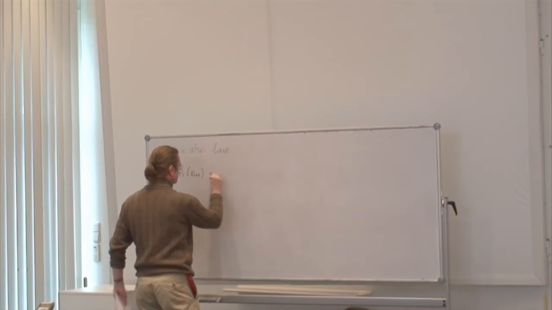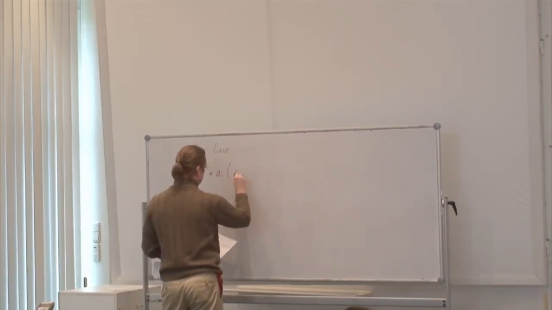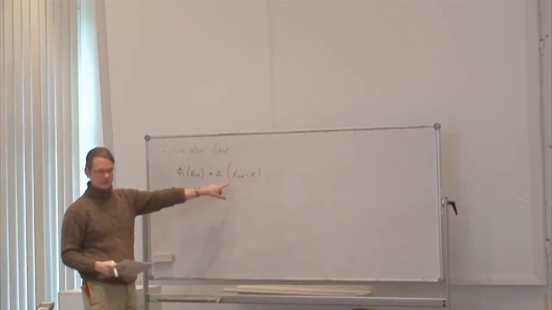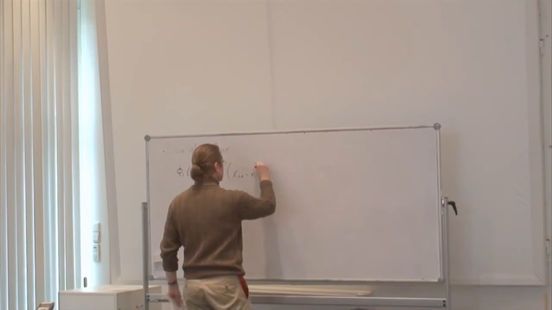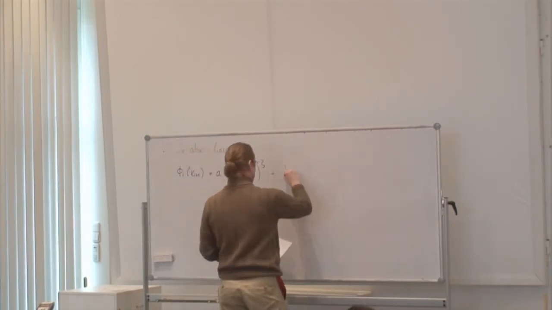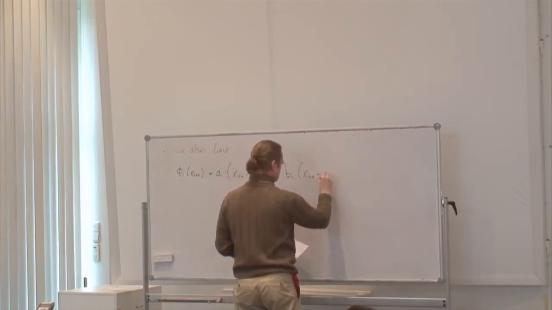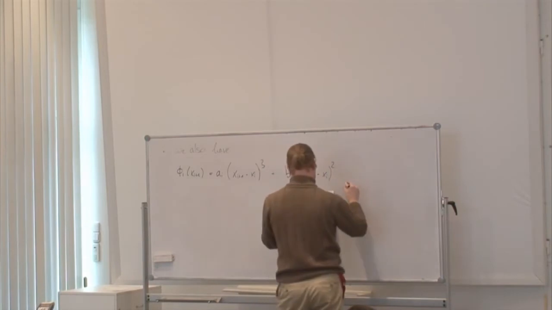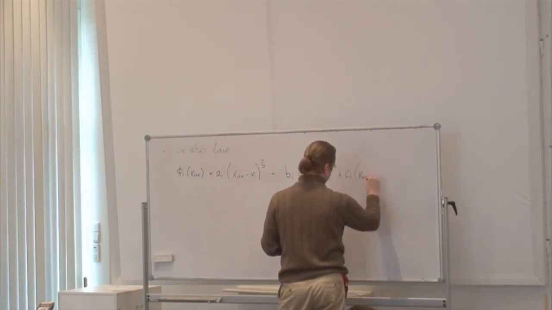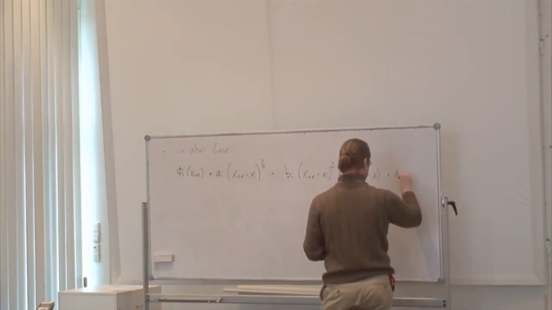Once again, this is ai times (xi plus 1 minus xi), I'm substituting xi plus 1 for x now, raised to the power of 3, plus bi times (xi plus 1 minus xi) raised to the power of 2, plus ci times (xi plus 1 minus xi), plus di.